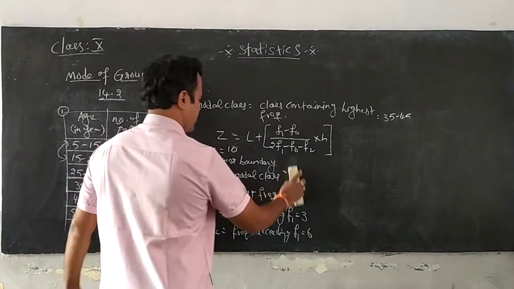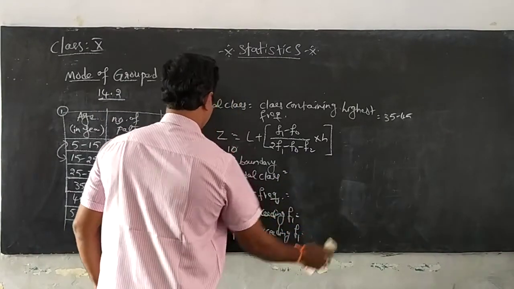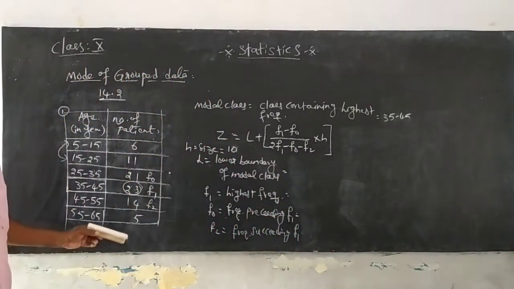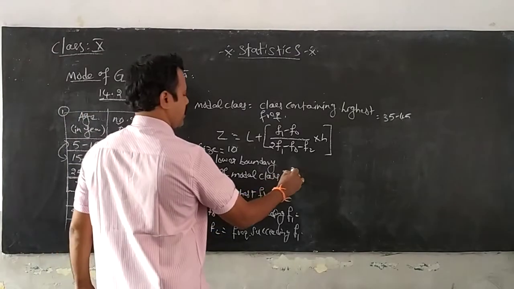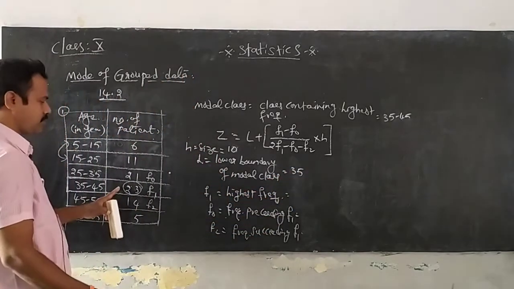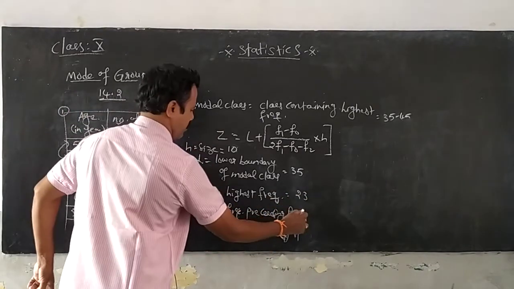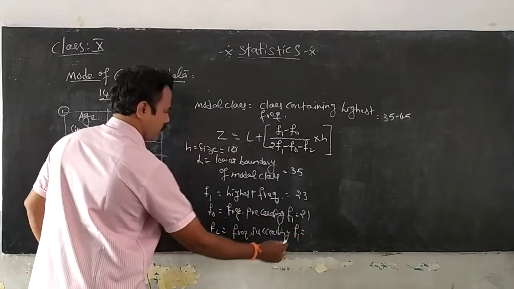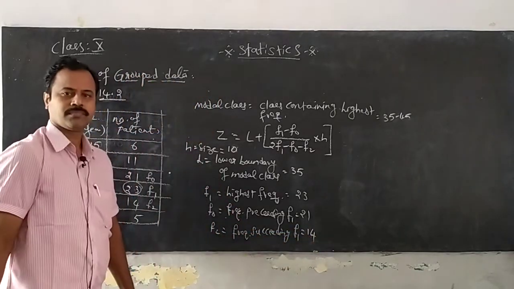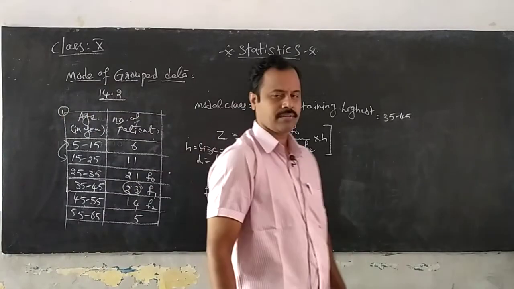L, the lower boundary of the modal class, is 35. F1 is 23, F0 is 21, and F2 is 14. We substitute all the values.